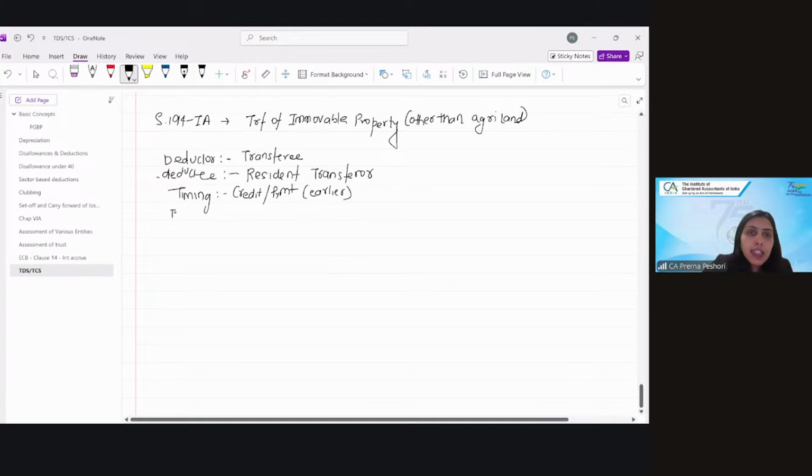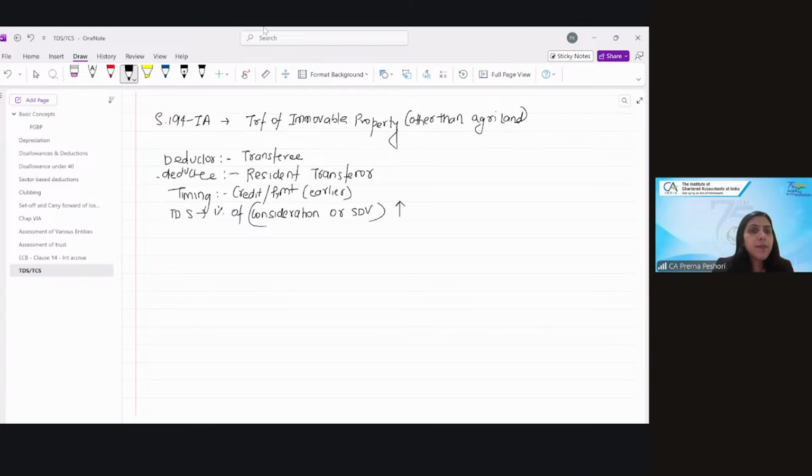So my TDS is 1% of the consideration or the stamp duty value, whichever is higher.